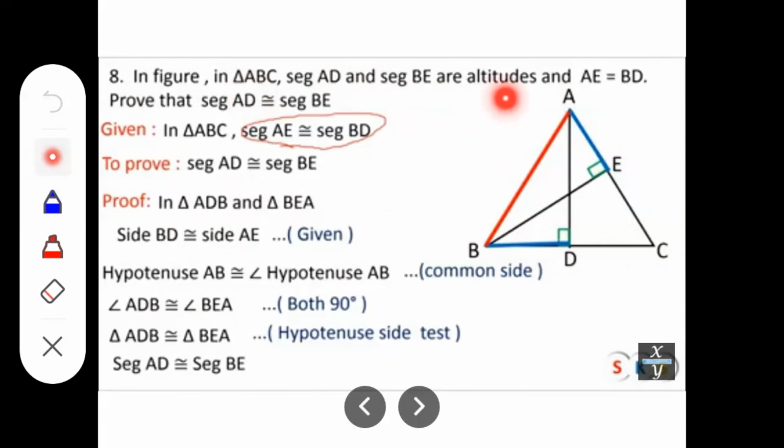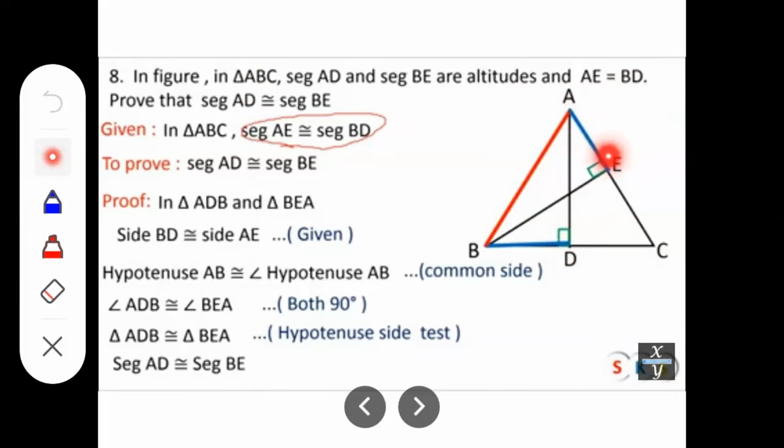Altitude means height. So AD is the height of the triangle, and also BE is the height of the triangle, right? And AE equal to BD.